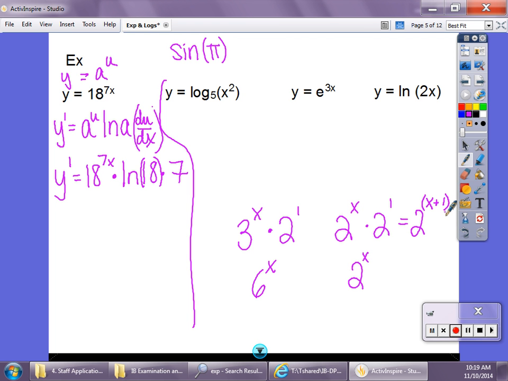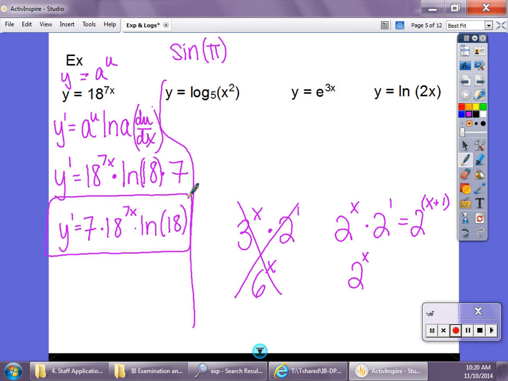And you can only do that because of the same base. Here, do they have the same base? No, so you cannot do that. So in fact, this is simplified as much as you can. Some people might write the 7 first: 7 times 18 to the 7x times the natural log of 18. And that's done. Circle your answer. You're done.